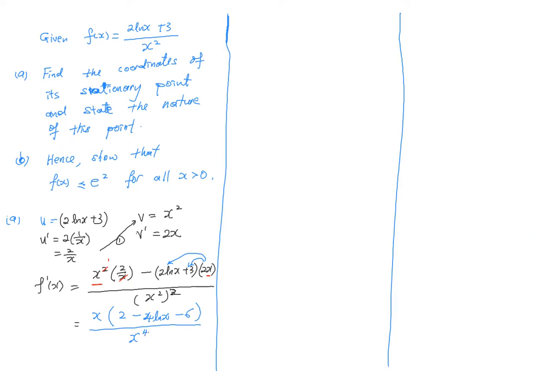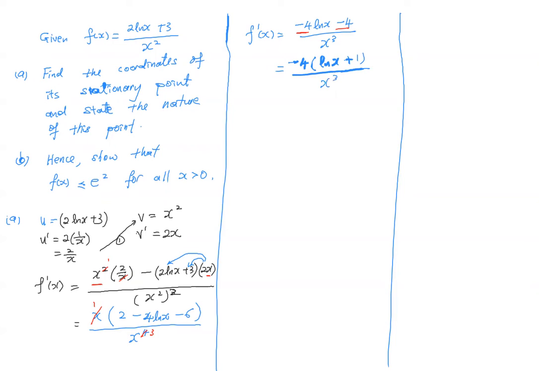So this one and this one simplify. Okay, so I have my f prime x equal to negative 4 ln x minus 4 divided by x cubed. So you can factorize out the negative 4: negative 4 (ln x plus 1) divided by x cubed.